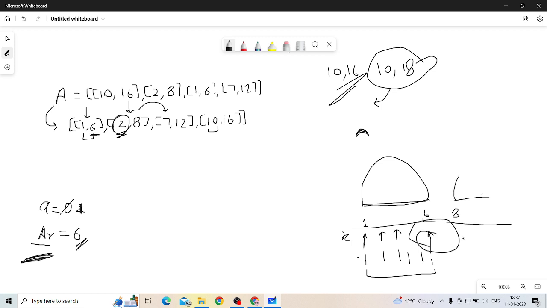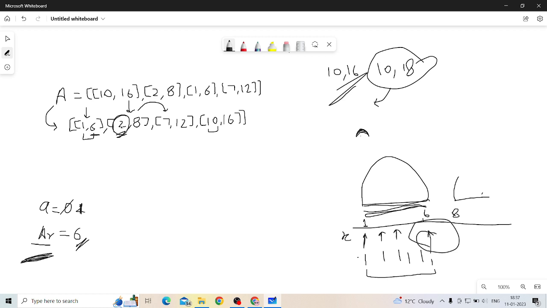then I have to take a new arrow, because this arrow will shoot all the balloons which are in the range of 1 to 6. That is all I am doing. Here, the starting of the next balloon is not greater than the ending of the first balloon.